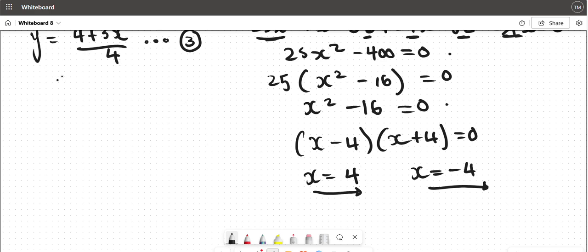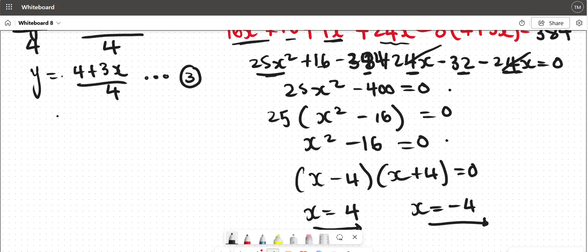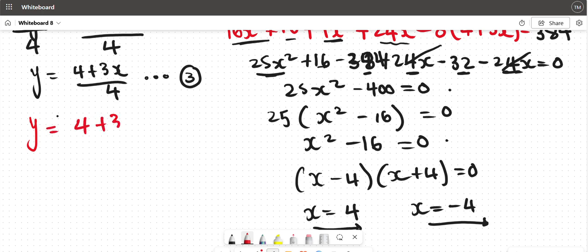Again, I go back to equation 3 that you see up here to solve for the y. So y will be equal to a 4 plus a 3 for the first x value, the 4 one. And if I just quickly plug this into my calculator, I get a positive 4 for y.